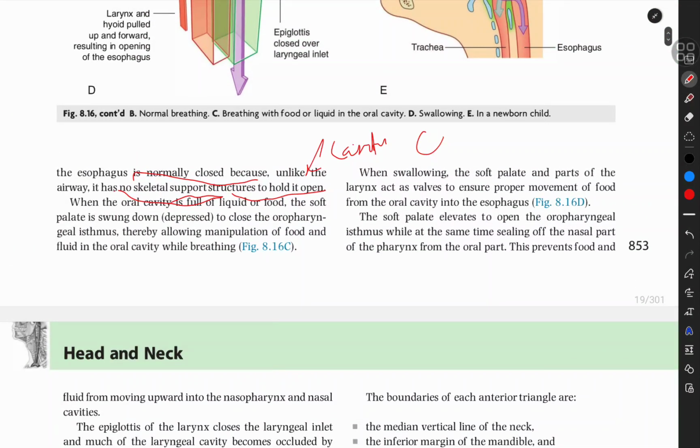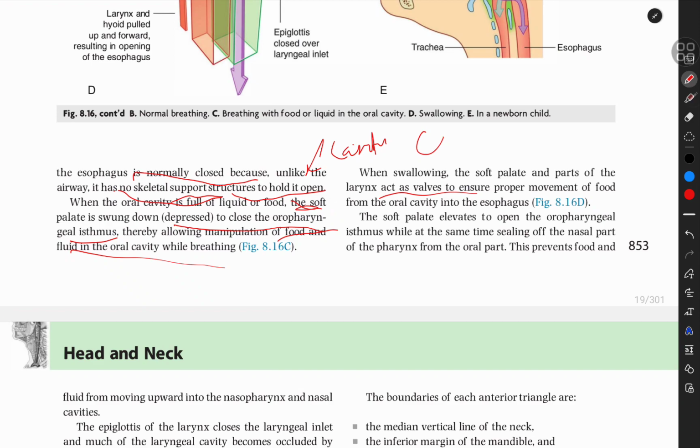When the oral cavity is full of liquid or food, the soft palate is swung down, depressed to close the oropharyngeal isthmus, thereby allowing manipulation of food and fluid in the oral cavity while breathing. Soft palate closes the oropharyngeal isthmus. Makes sense? When swallowing, the soft palate and parts of the larynx act as valves to ensure proper movement of food from the oral cavity into the esophagus.